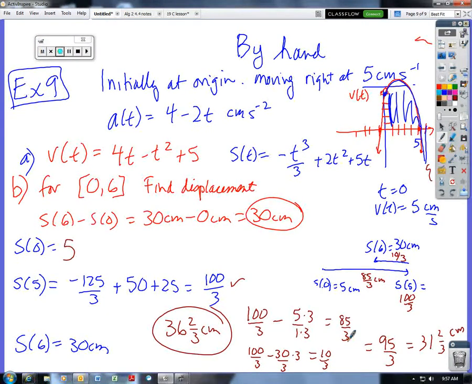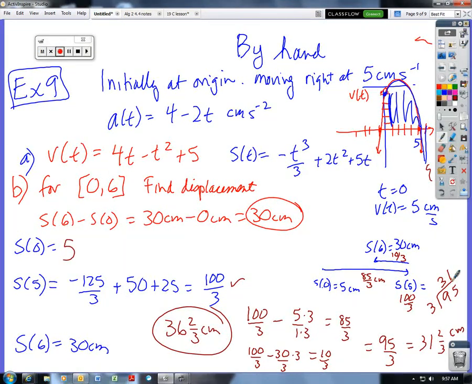Oh no, I'm not seeing the mistake. Did I not divide 95 thirds correctly? Oh, okay, I have to keep looking and see where my mistake is.